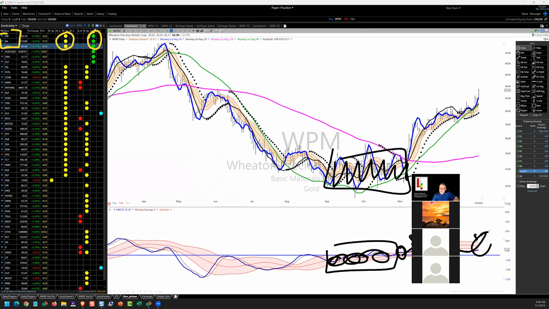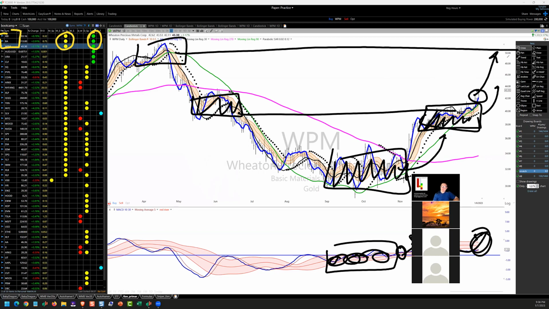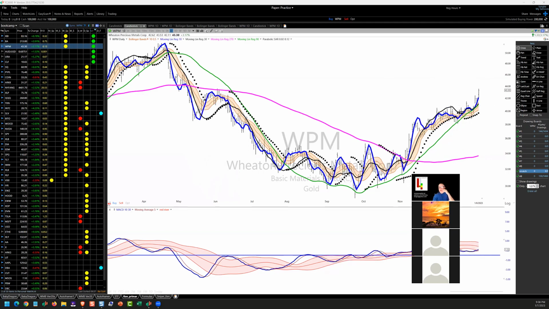So this is really actually in pretty good shape because it's now clearing that next congestion zone, which is this one. And now the next target is up in here. So my point is, depending on where in the life cycle you want it to be.